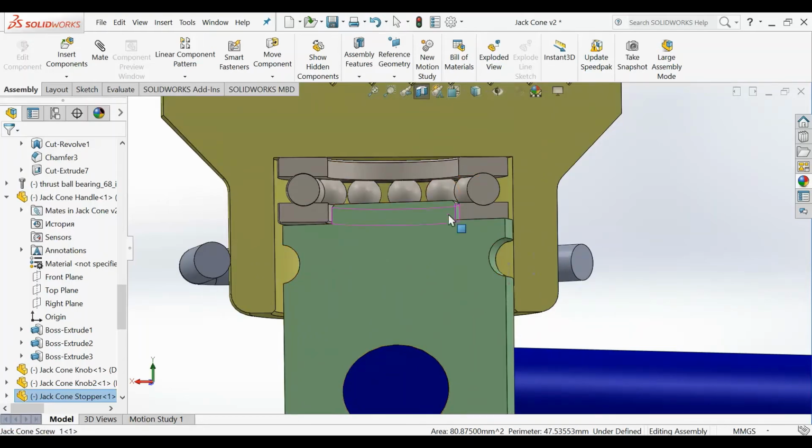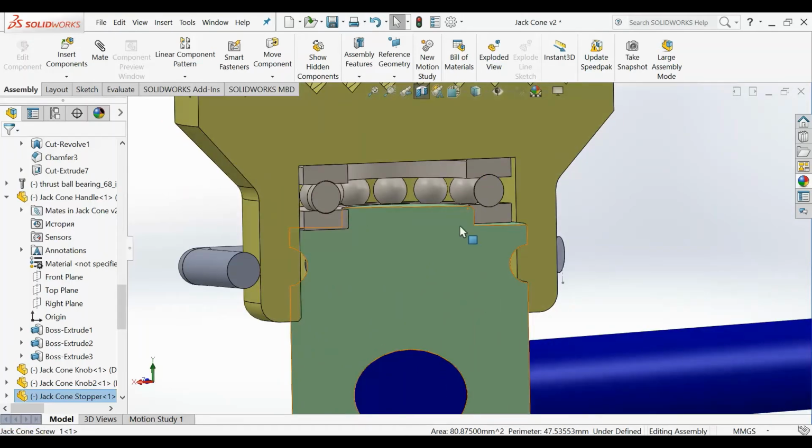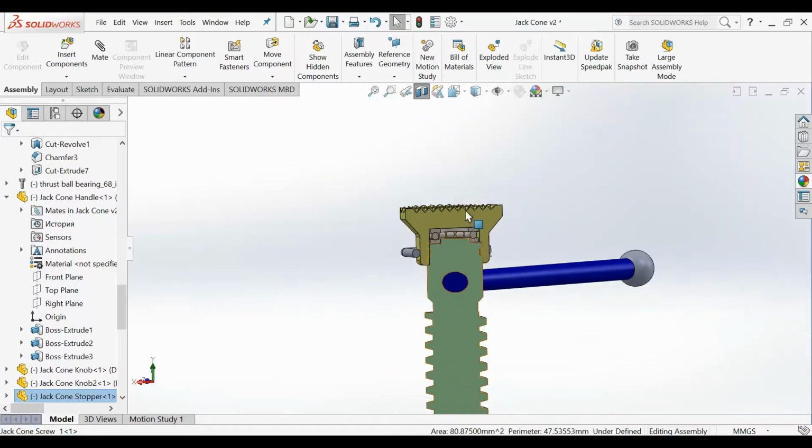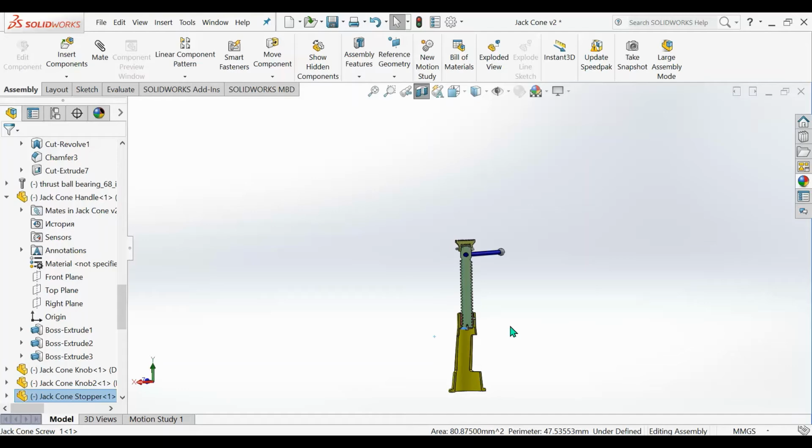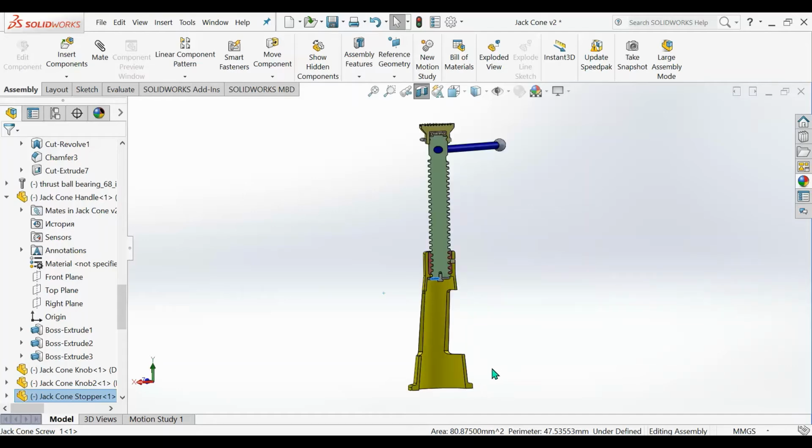Bearing, screw, and so on. So such a modification may be used for lifting a big weight, much higher weight than a human can lift.